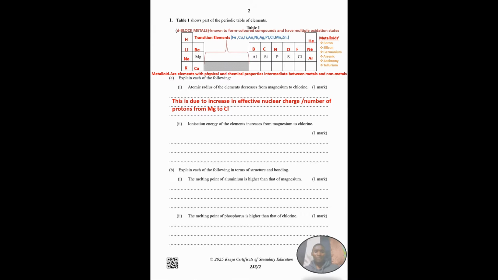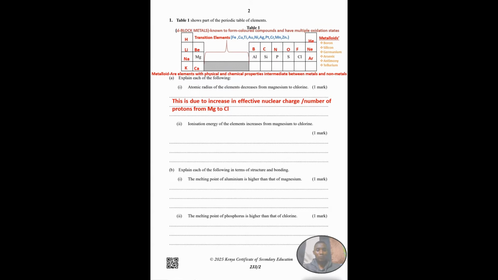So, moving to the first question, we are supposed to explain each of the following. The atomic radius of elements decreases from magnesium to chlorine. When you look at the position of magnesium and where the chlorine is, we need to understand that magnesium has 12 protons and chlorine has 17 protons.